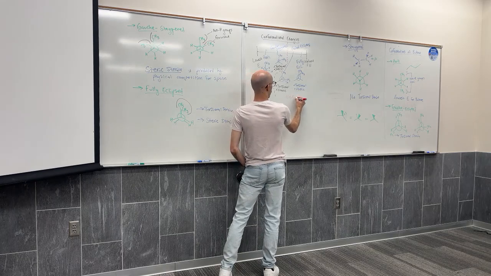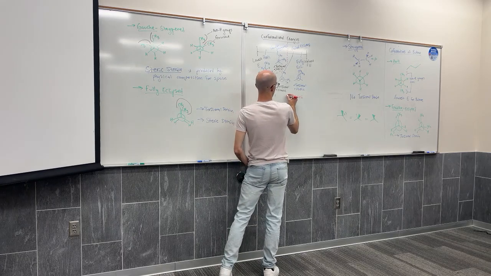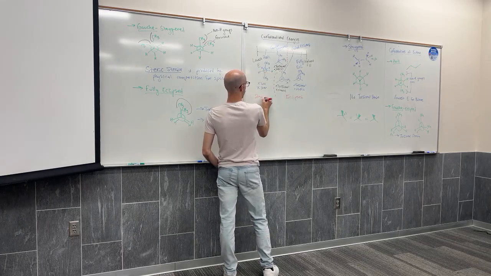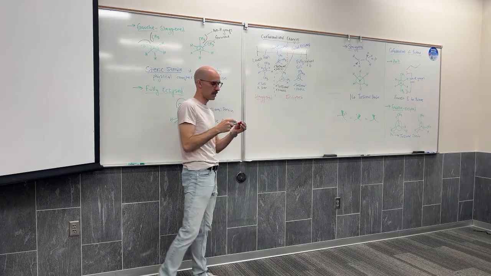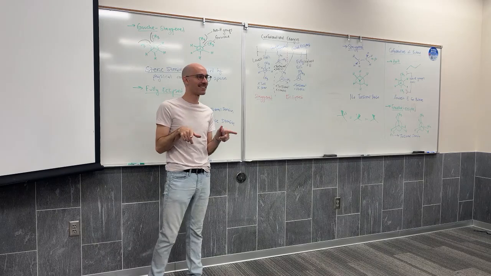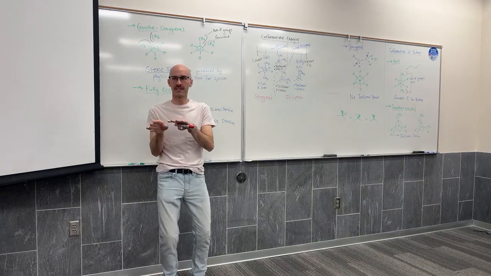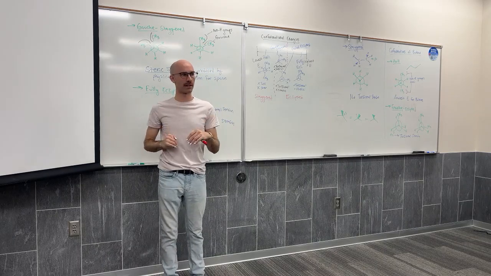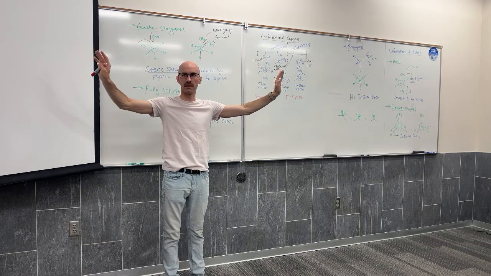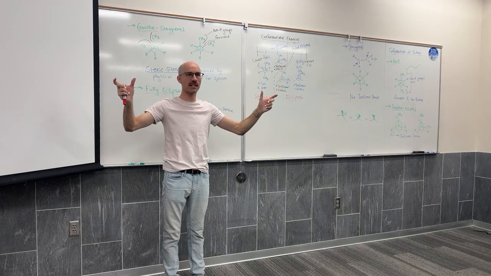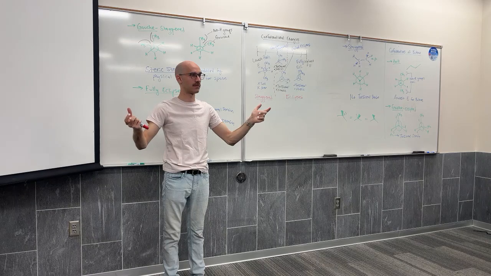Eclipsed conformations are always higher energy. Staggered conformations are always lower energy. So part of your job is not to decide whether this staggered is higher than that eclipse and lower than that eclipse. It's to just group up staggered and eclipsed, and then look for changes in steric strain.